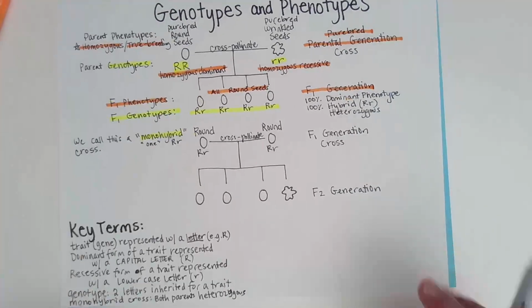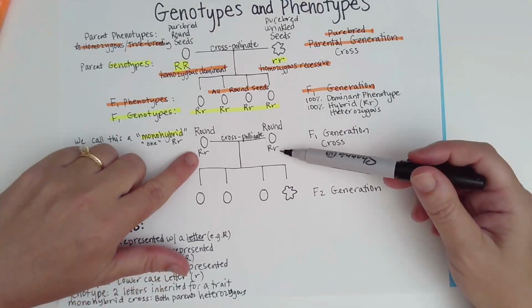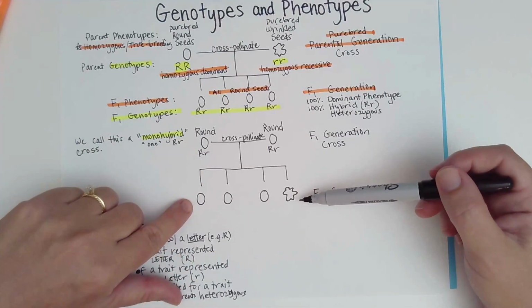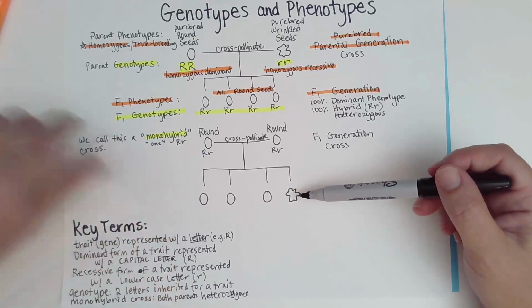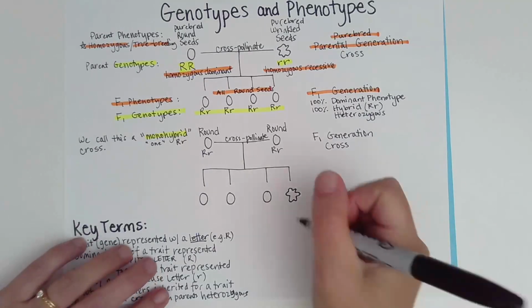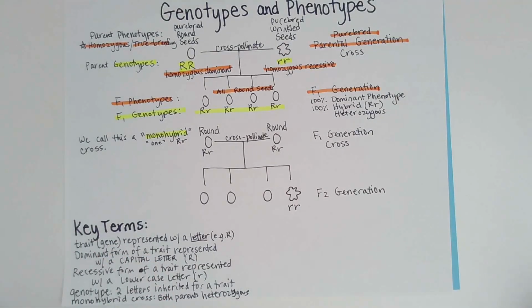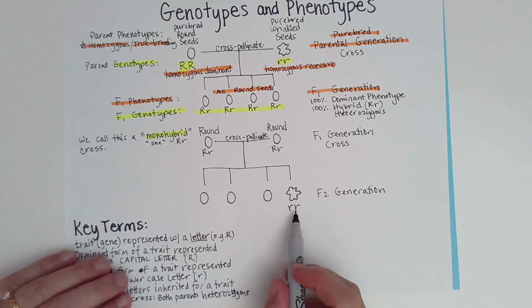Now, first of all, notice that when Mendel did this F1 generation cross of two hybrids, he didn't get all round seeds anymore. Now we start to see that occasionally you're going to get a wrinkled seed. And in fact, the only way that the offspring could have that is if it has two little r's like that. So that one's wrinkled.